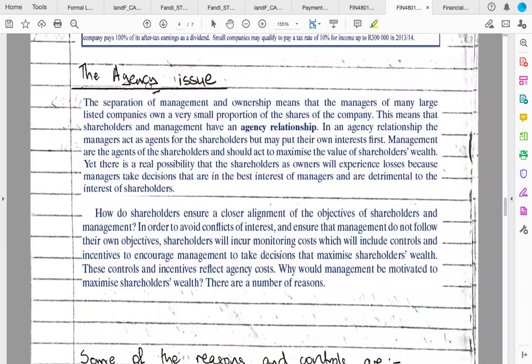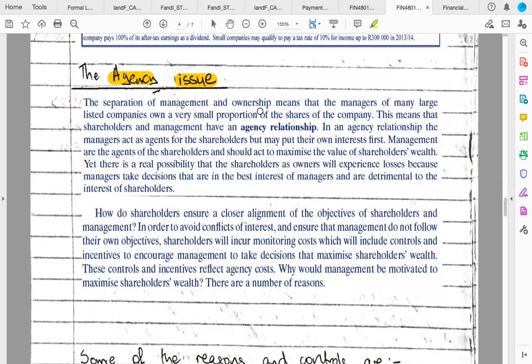And then something really important with regards to financial management is what we call the agency issue. Remember, in any company, especially public companies, we are now looking mainly at public companies, the agency issue is a big problem in public companies, not in sole proprietorships, not in partnerships, not in private companies.